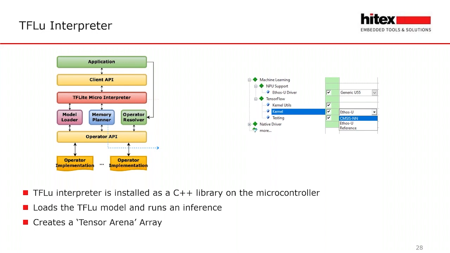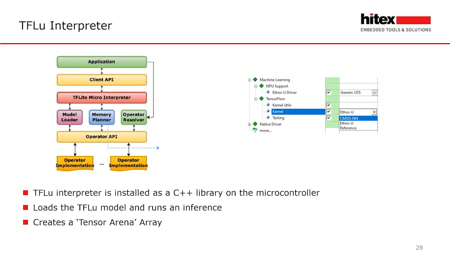Then within the runtime environment, we can simply add it and we can decide whether we want to run the model as pure software on our microcontroller, or we can select the Ethos driver if we have the neural processing unit available. So this adds the C++ library to the model, and then we can provide data and run an inference on our microcontroller.